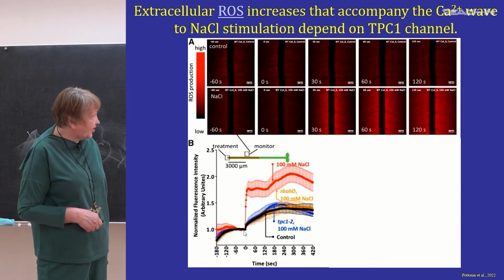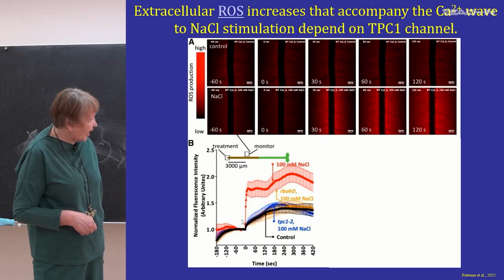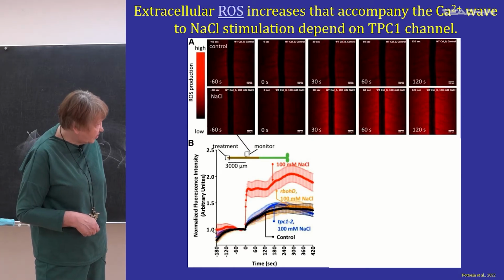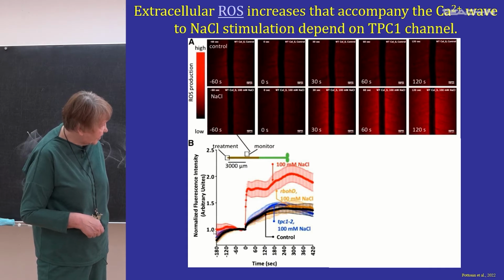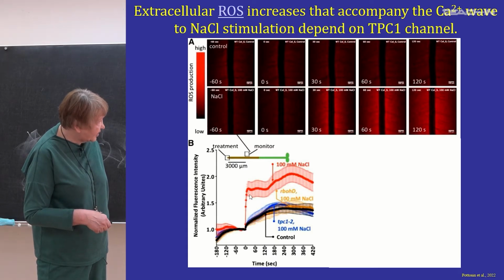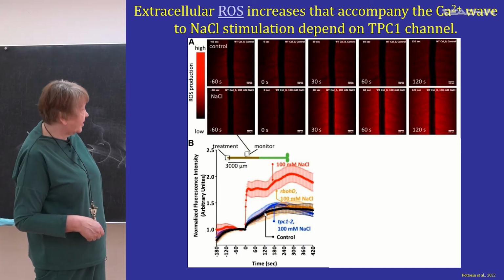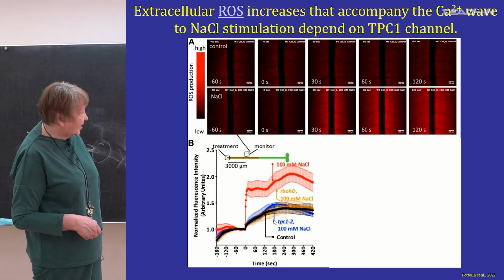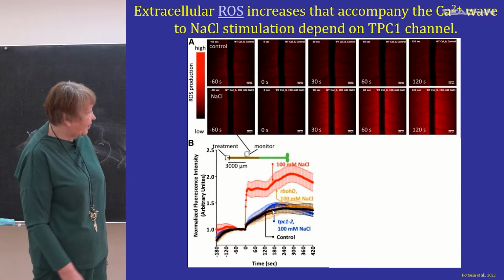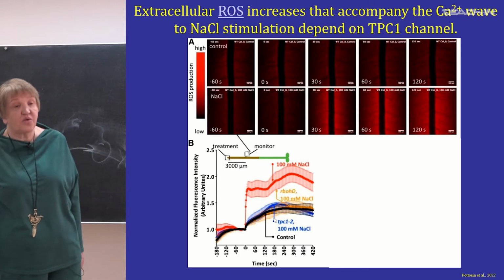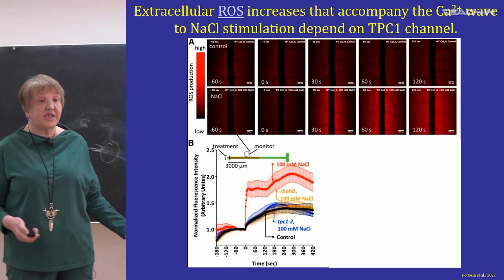And here you see that if you add sodium chloride, there is an increase in reactive oxygen species, and it doesn't happen in the TPC1 mutant. So what is the deal?